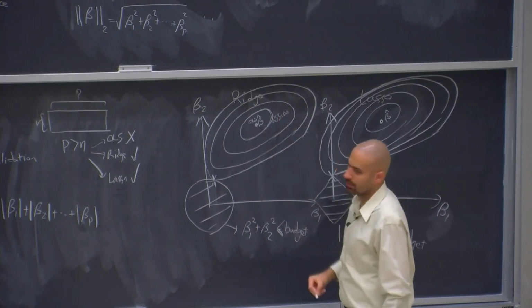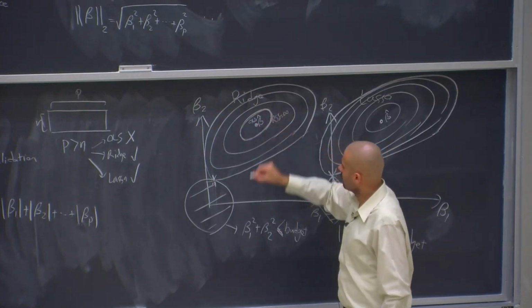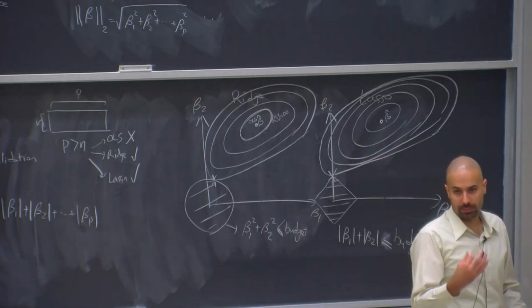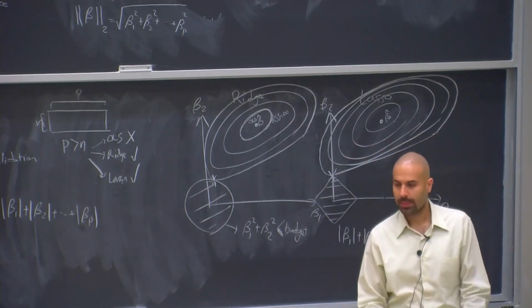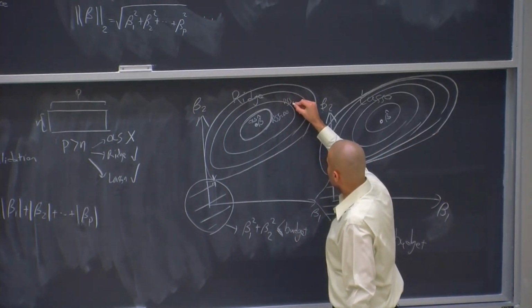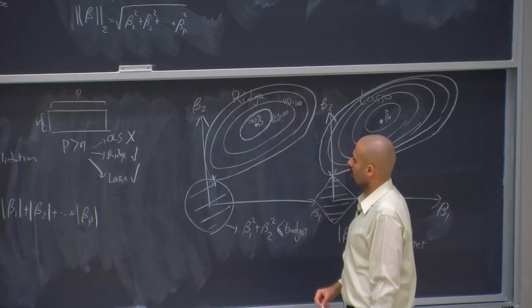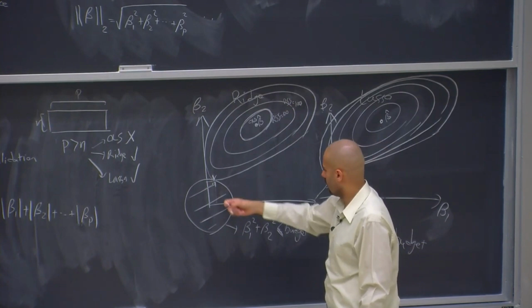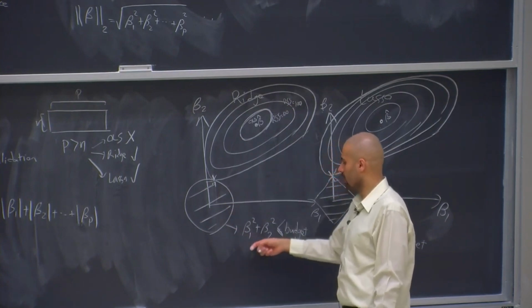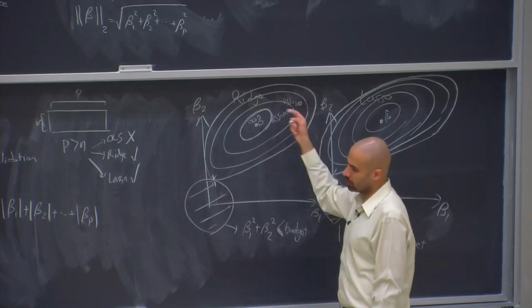Maybe it's 100. For all of these, this is the collection of possible values for beta 1 and beta 2, such that RSS becomes 100, because you can have a mix of them. This contour line is where RSS is maybe 1000. Eventually, we need the intersection of some budget for the sum of squares of the coefficients and a contour line of RSS.